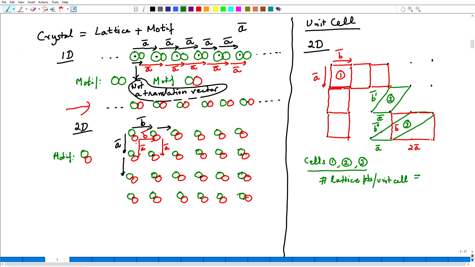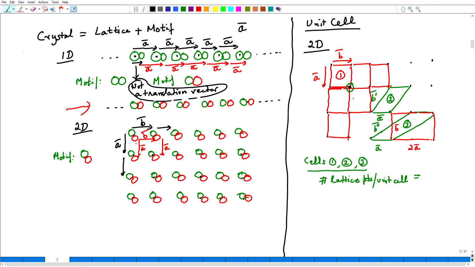So, let us look at in all the three cases, the lattice points are at the corners of the unit cell. And if you think about it, for example, let me consider a lattice point out here. You could see very clearly if I draw another unit cell next to it, you will see that this particular lattice point is shared by 4 unit cells.